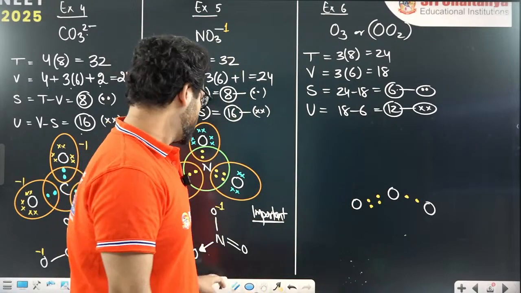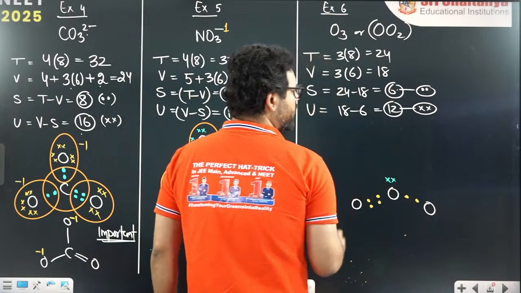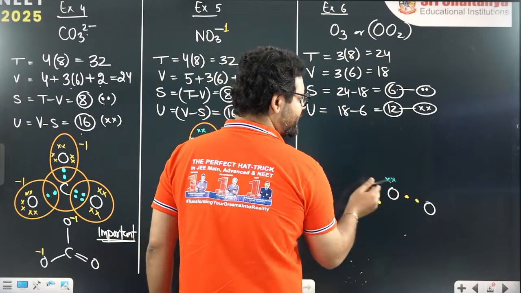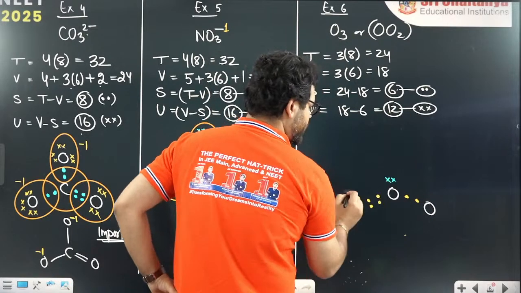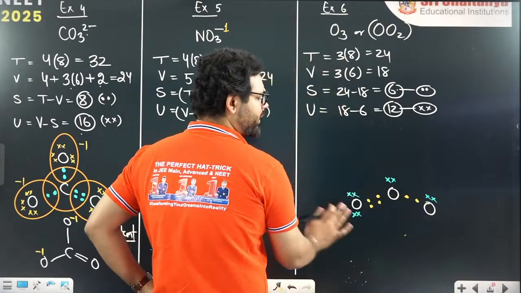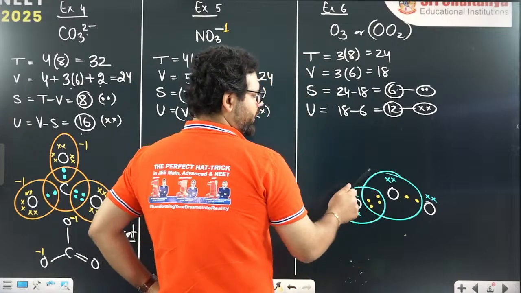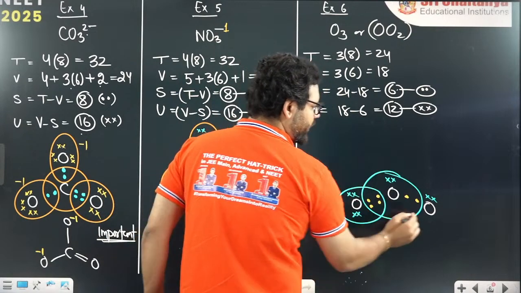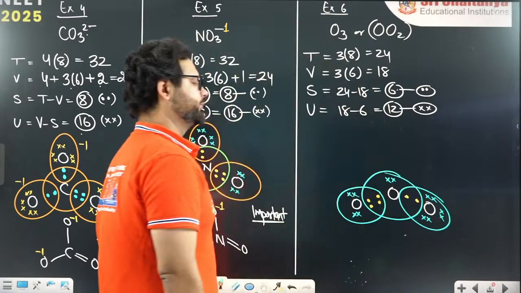So we have to give unshared to everyone. You take 2. Out of 12, 2 given here. This oxygen says, I am happy. My octet is complete. Don't give me anything else. 1, 2, 3, 4, 5, 6, 7, 8. I am also happy. Don't give me anything. My octet is complete. 1, 2, 3, 4, 5, 6, 7, 8, 9, 10, 11, 12. My octet is also complete.